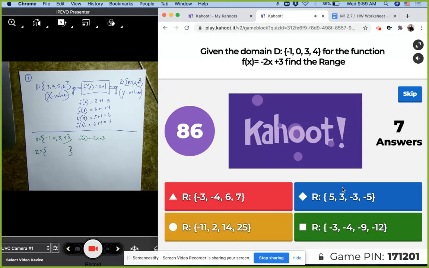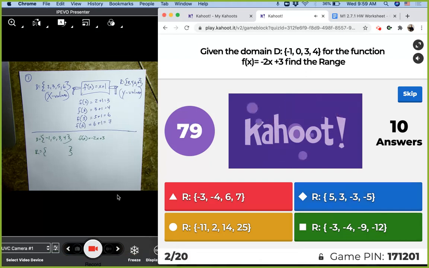That's how I would get it started. So here's going to be our process.